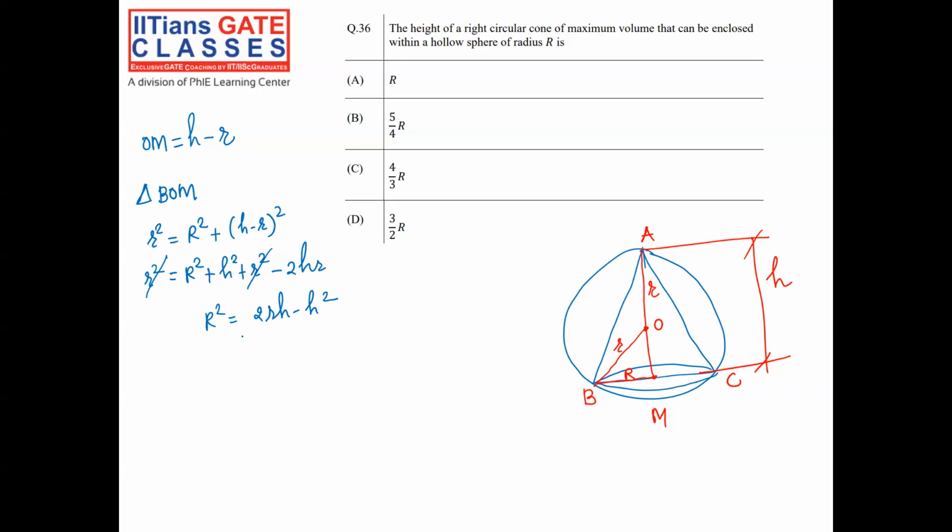Let's keep it aside; we'll call it equation number 1. This is a relationship between the radius of the cone and the radius of the sphere. But coming towards the question, they're asking for the maximum volume of the cone.